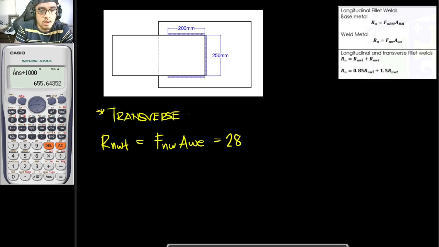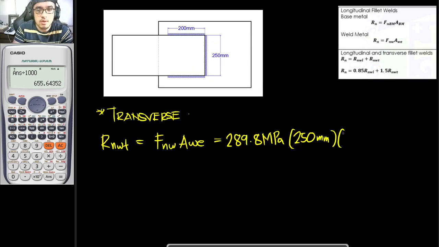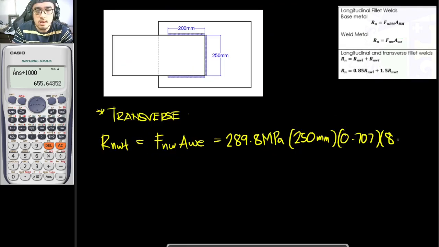289.8 megapascals times the area of the weld. And the area of the weld is this area right here. So 250 mm times, once again, our throat. And our throat is 0.707 times A. And our A once again is 8 mm.